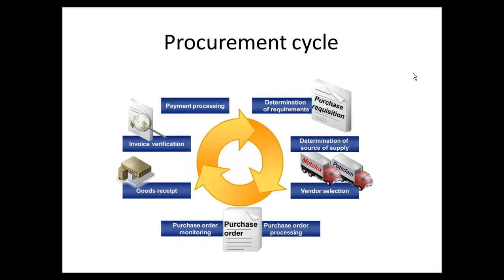Once you have the requirement, that is converted into the form of a purchase requisition, and the purchase requisition will come to the procurement people, wherein they will decide from whom to procure or how to procure. That will be decided at the procurement end.